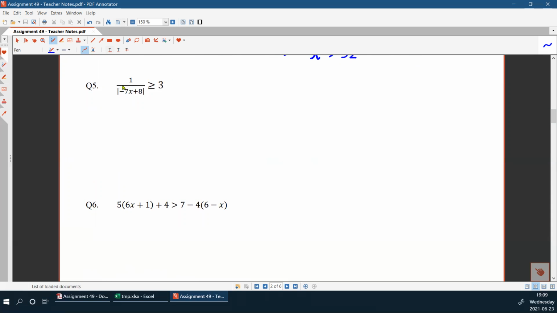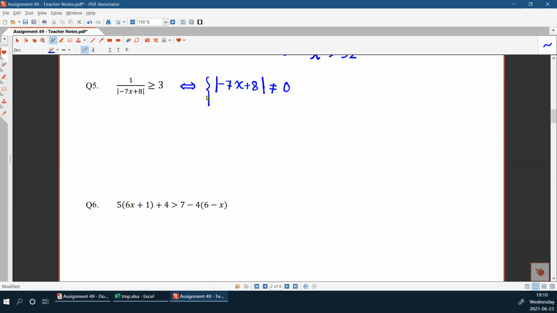Okay, question 5, we have some expression in the denominator position, right? First of all, we need to ensure that the denominator cannot be 0, right? So first of all, the denominator is not 0.